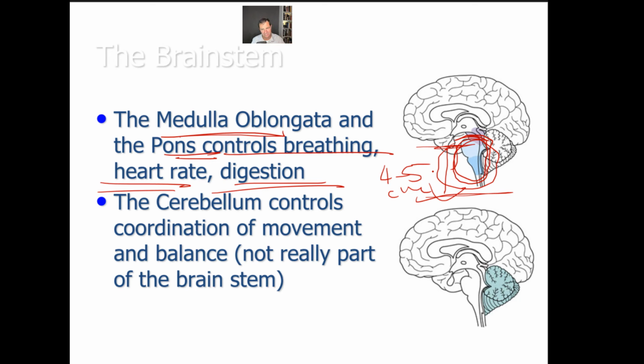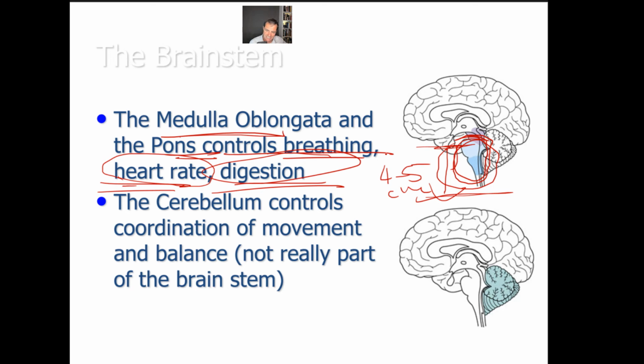Anyway, breaking your neck in those areas has very, very different effects. So people break their neck, for example, and are paralyzed from, say, the shoulders down or from the neck down. But as you go up, that gets increasingly worse. So you get to where you can't breathe on your own, or you need help with digestion, or you can't control your heart rate or blood pressure, all those kind of things.